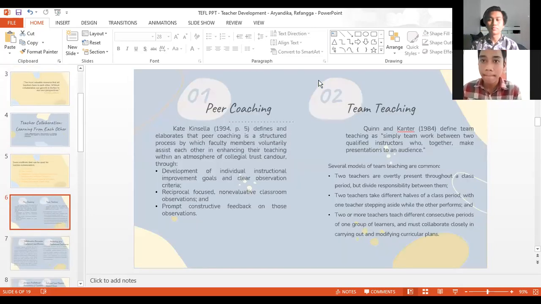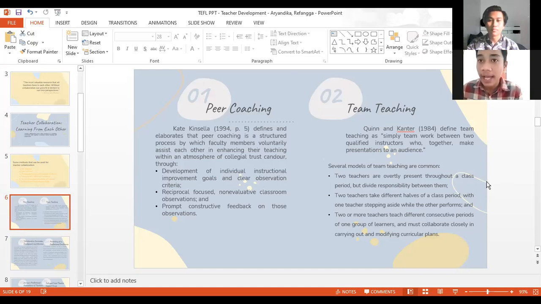Next slide. The first one is peer coaching. Peer coaching is a systematic process of collaboration in which one teacher observes and gives feedback to another teacher, usually with some form of reciprocity.